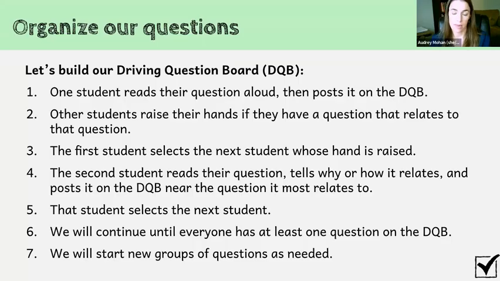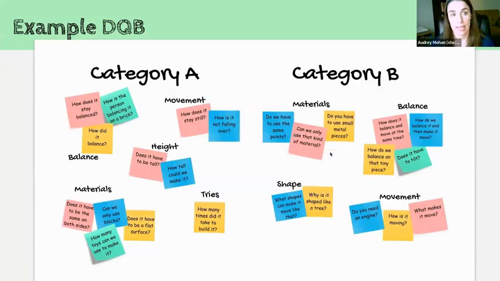So now you've created a cluster of questions about a certain kind of topic that they might want to pursue. Then you might move on to, okay, let's start a new question. And you keep doing that until all the questions are shared and you have a bunch of different clusters of questions. And it looks something like this.